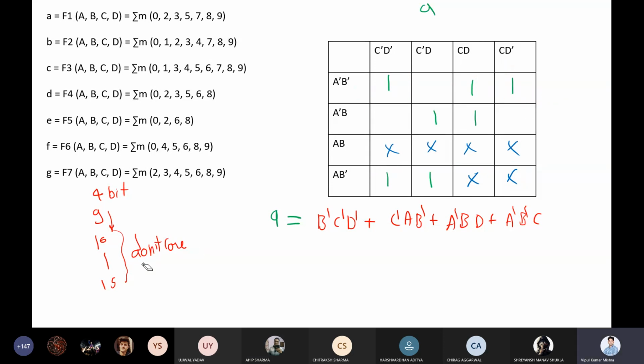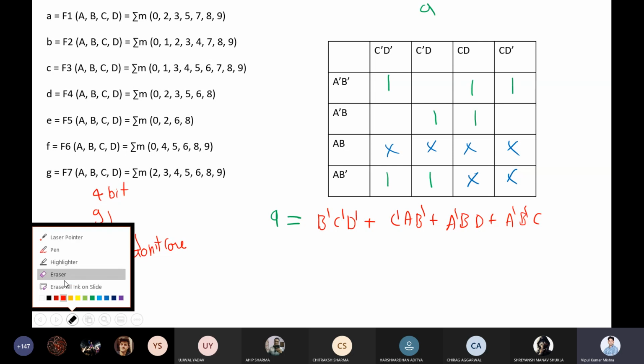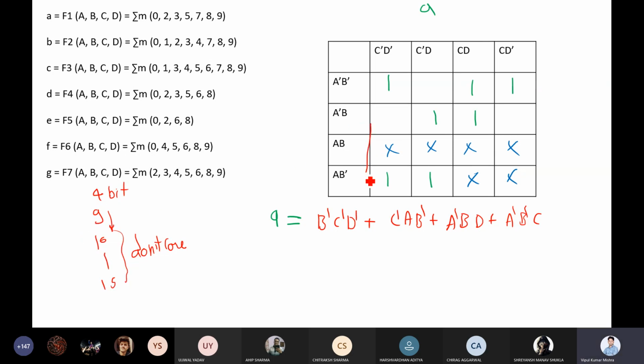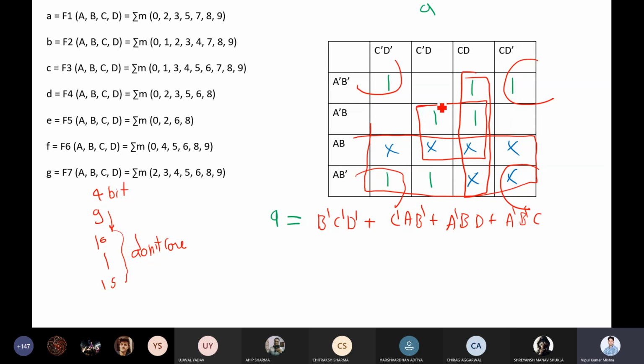If an octet is there, let's first target the octet. So we have one octet which is clearly visible for us. Then for this we do not have any other choice than a quad. Then for this again we have one quad, and for this we have one quad.